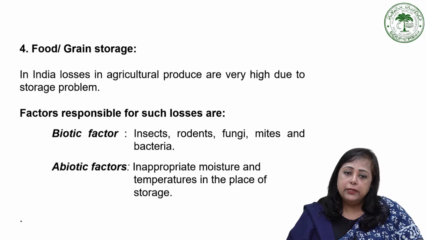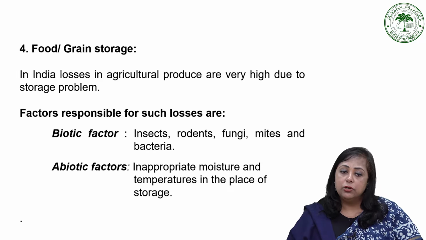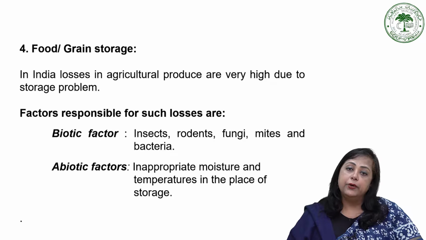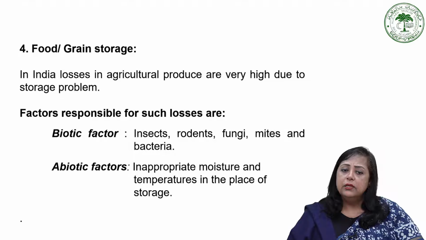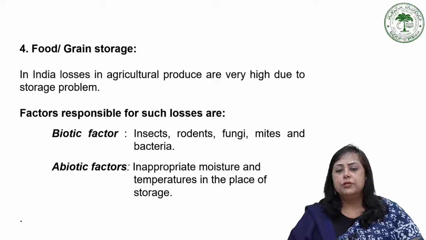The factors responsible for such losses are biotic factors and abiotic factors. Biotic factors are insects, rodents, fungi, mites, and bacteria. And abiotic factors are inappropriate moisture and temperature in the place of storage.